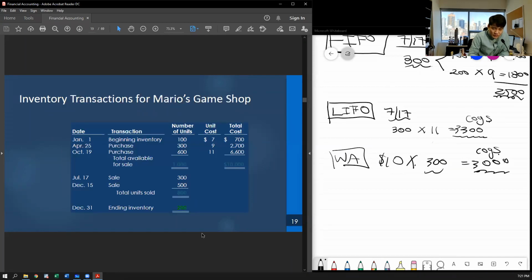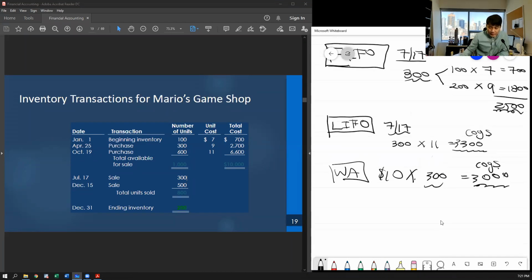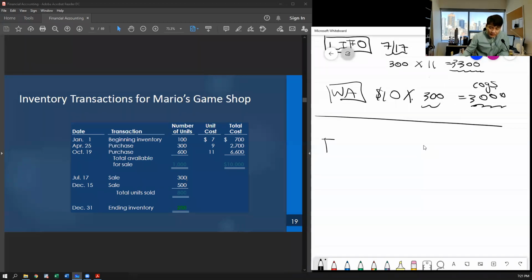Okay. So that was for cost of goods sold. Now, let me draw T account. So we're gonna go back to this FIFO method. So using FIFO, let me draw T account. We had a beginning inventory of 700, as you can see right here. We don't know the ending inventory yet, but we purchased a total of 9,300 according to this information.